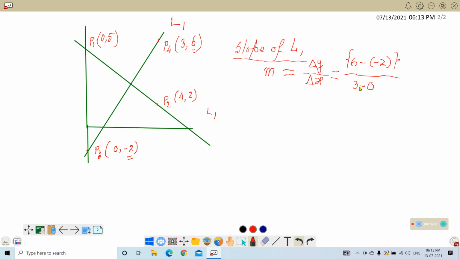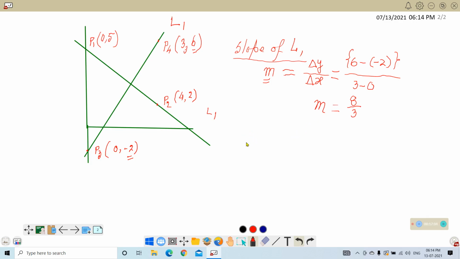This is 3, this is 0. So 6 minus 2 is 4, that is equal to 8. And this is equal to 3. 8 by 3. So we can say the slope of L1, M, is equal to 8 by 3.